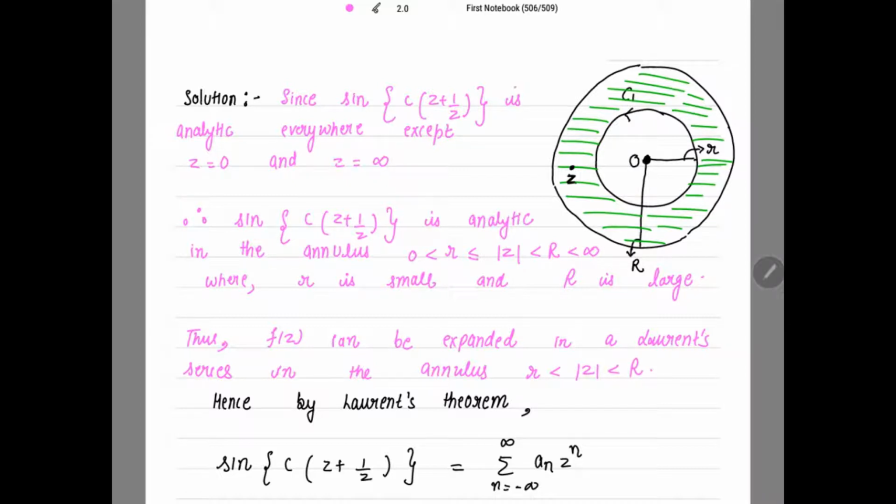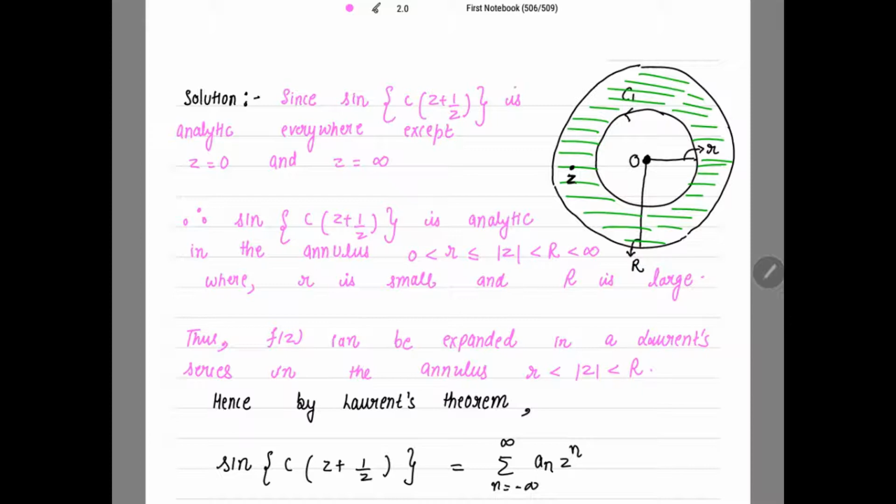Now we have to use our Laurent's theorem, which says that, hence by Laurent's theorem, the function is equal to summation n starting from minus infinity to infinity an z to the power n. This is Laurent's theorem, right?